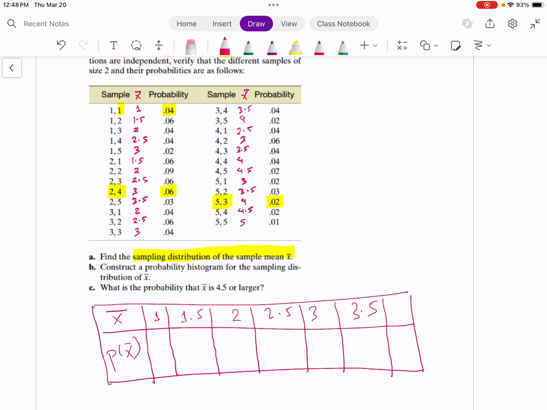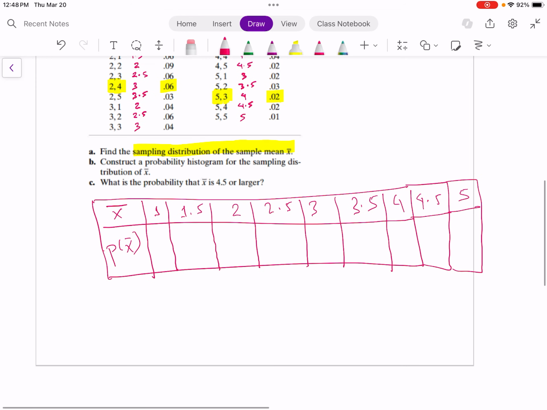Okay, we do have 4. We do have 4.5 and we have 5. Now, any question for this part? You find the mean for each sample, then without repeating, you make a list of X bar.